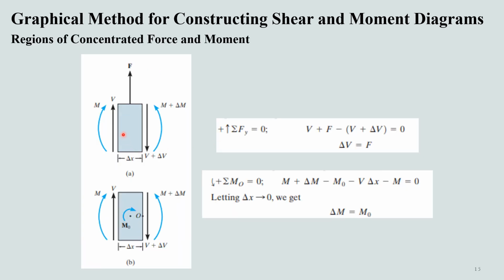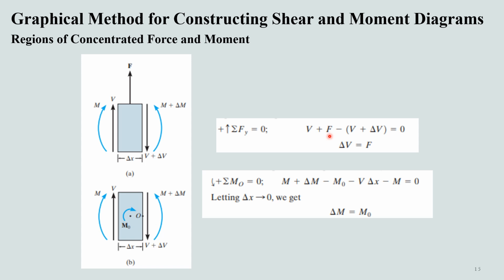Consider a case where a concentrated force and a concentrated moment are applied on a small segment of length delta x. If we take a summation of forces here, and the applied force is upward, V plus F minus V plus delta V, the shear on the right side.